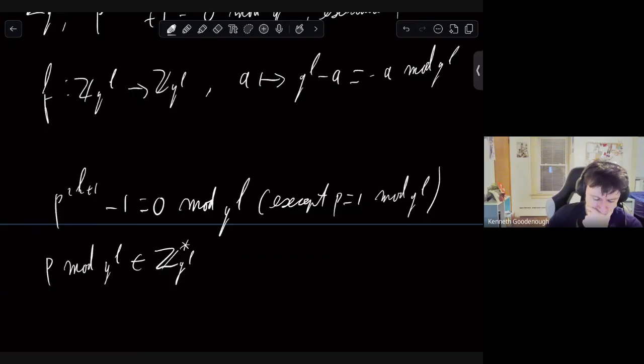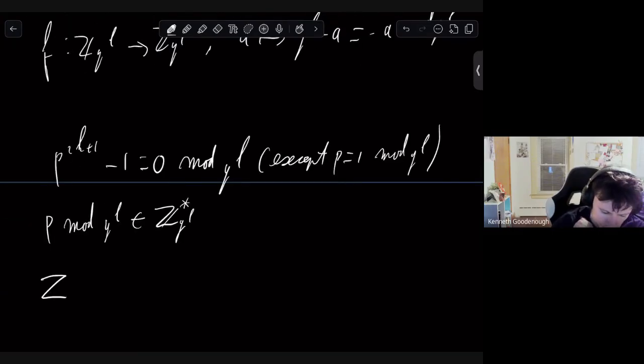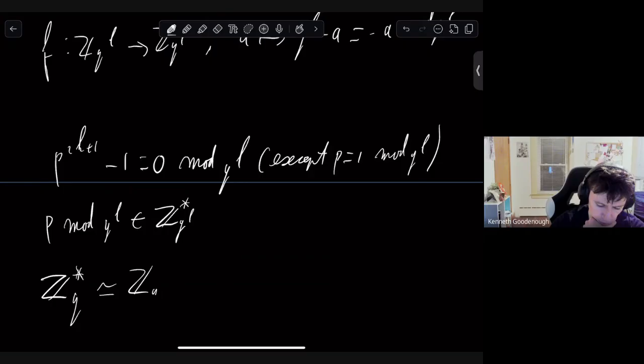Now, what we used in the previous argument is that we just had L equals 1 and k equals 1, that Z_q and the invertible elements are isomorphic to Z_{q-1}.